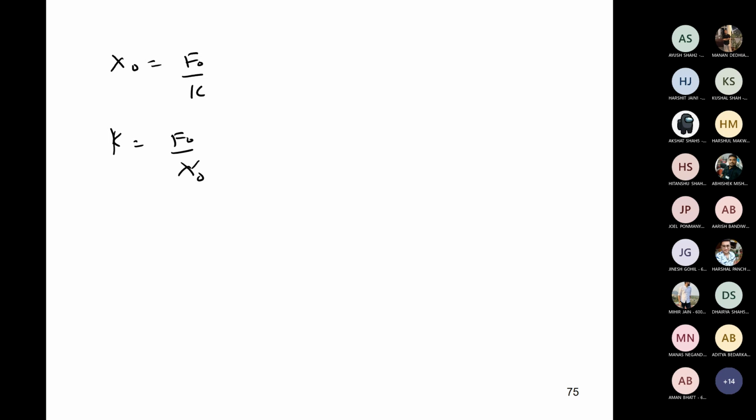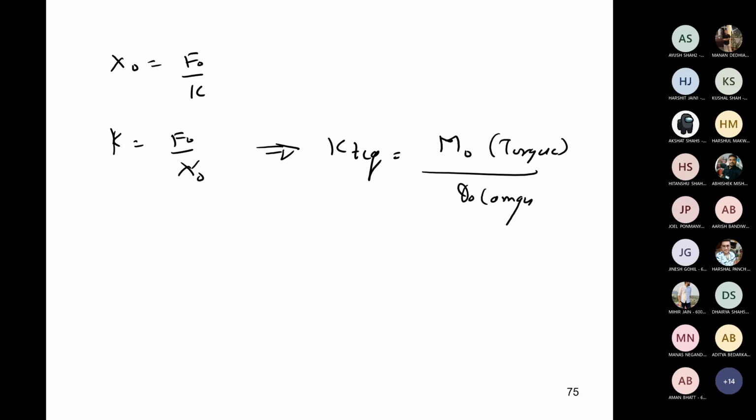So when I transform this equation to rotation, this K becomes K torsional equivalent, divided by m0, that is torque, divided by theta 0, angular deflection. All right. So K torsional equivalent you have already calculated, theta 0 you have already substituted, and find out the value of m0.